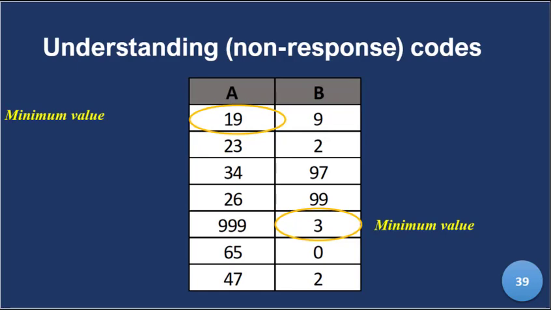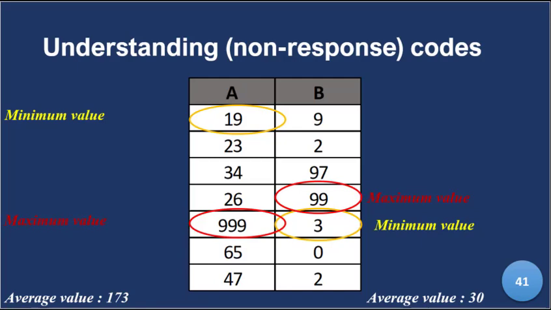You now ask yourself, what's the minimum value? We're doing minimum, mean or average, and maximum. The minimum value for this column is 19, and the other one is 3. That's for B. And then the maximum value is 99 here and 999 in the A variable. When you look at their averages too, the mean here is 173 and the other mean is 30.